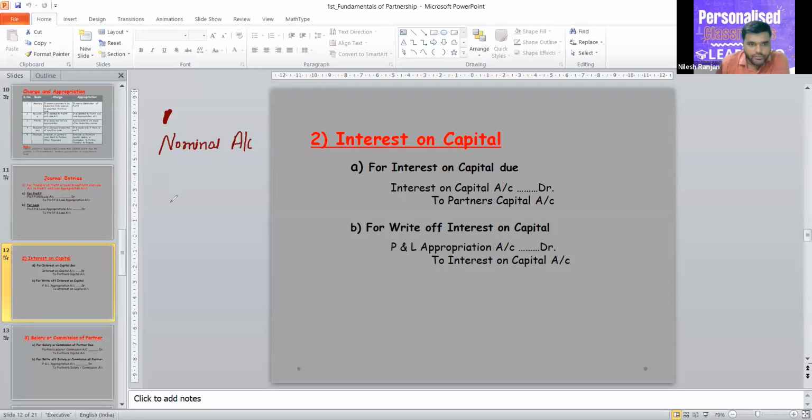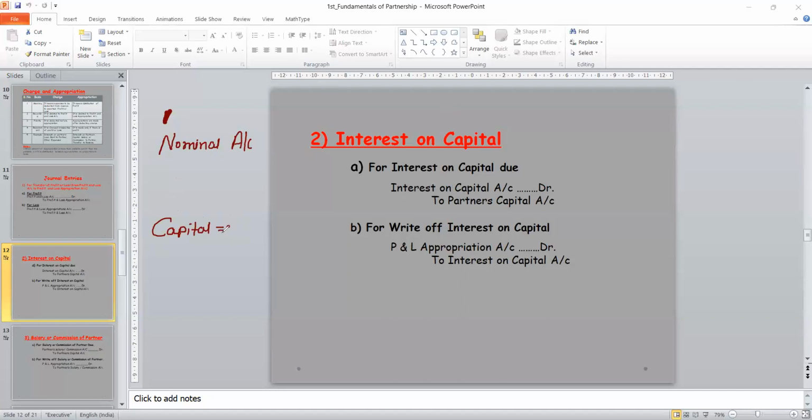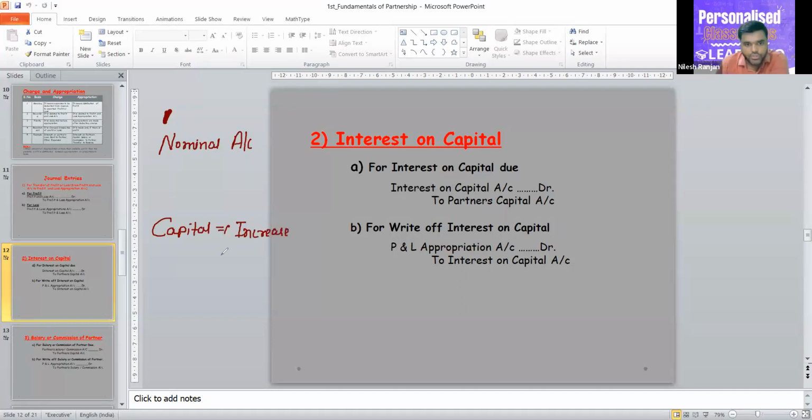Or if you take income, expenses, capital, then capital increases on the credit side as per the new rules. So that's why the partner's capital account is credited here.